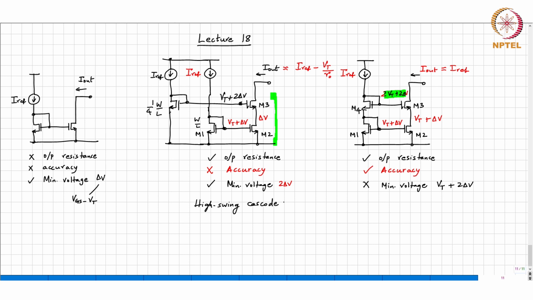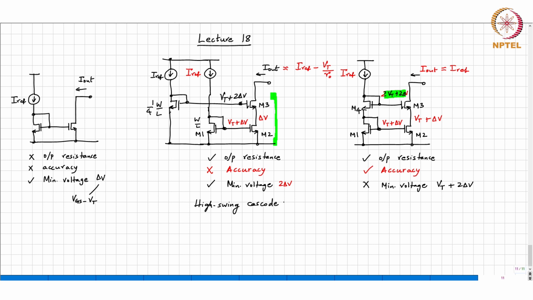It's called the high swing cascode, and like the regular cascode, it has very high output resistance, but the accuracy is poor because the drain source potentials of M2 and M1 are different.